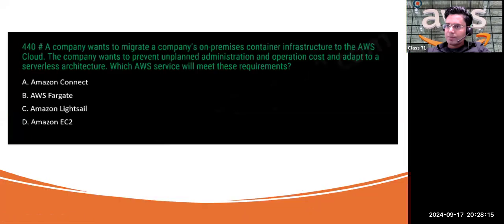Security and business. A company wants to migrate its on-premises container infrastructure to the AWS cloud. A company wants to prevent unplanned administration and operation costs, serverless architecture. Okay, there is a service to manage containers in AWS called Elastic Container Service, ECS. But whenever they talk about serverless containers, the only service is Fargate.